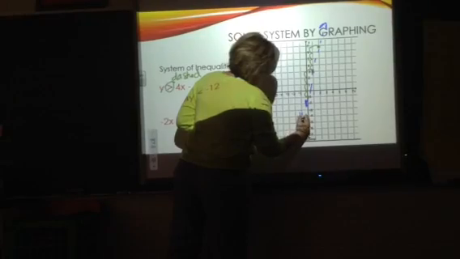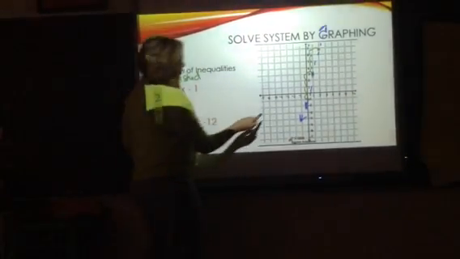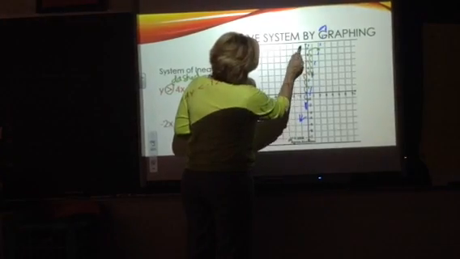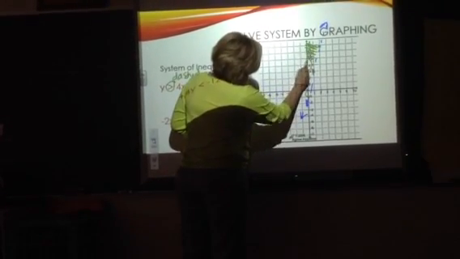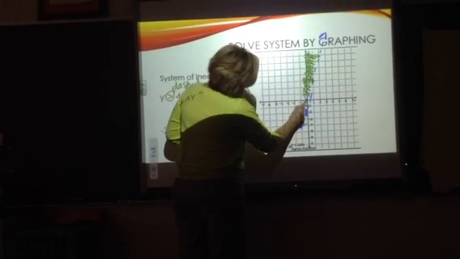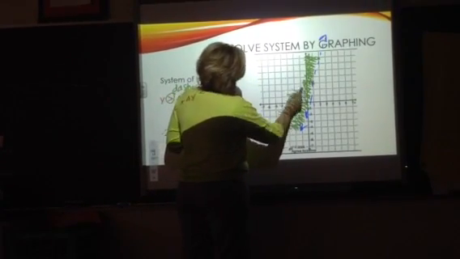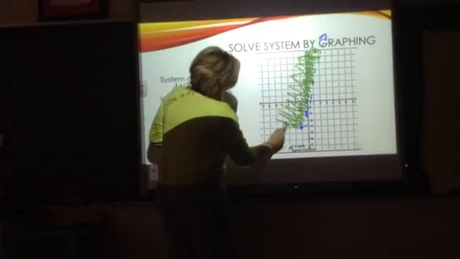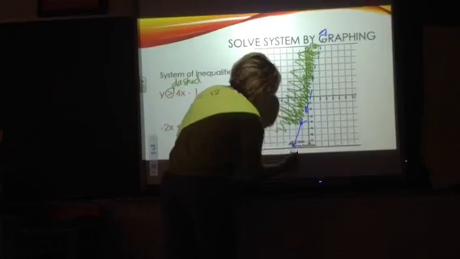There you go. I'm going to pick the point 0, 0. Is 0 greater than -1? It is, so I'm going to shade on this side of my boundary line. I'm going to try and get as close as possible so you can actually identify the overlap. Okay. There we go. And I'm going to extend that just a bit for you.